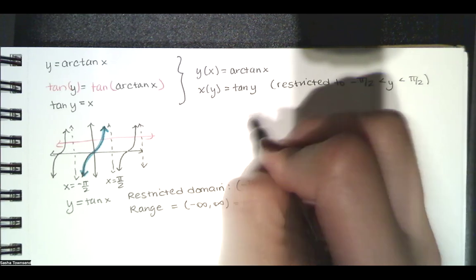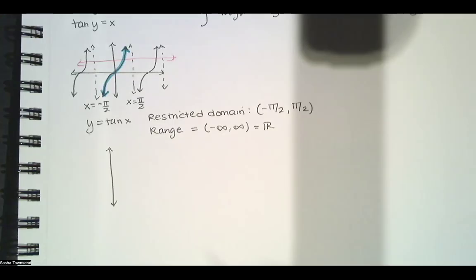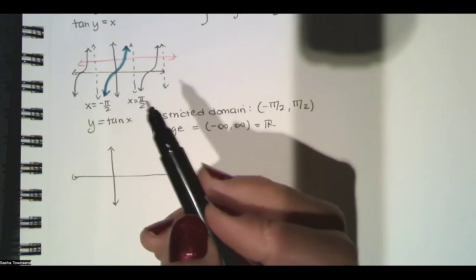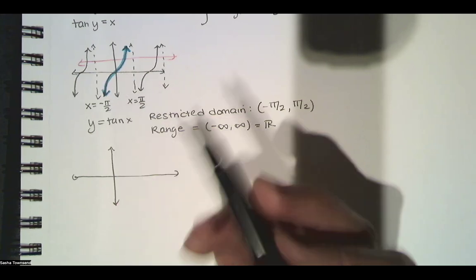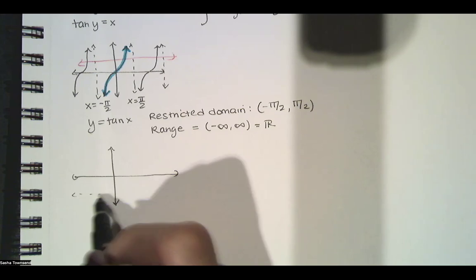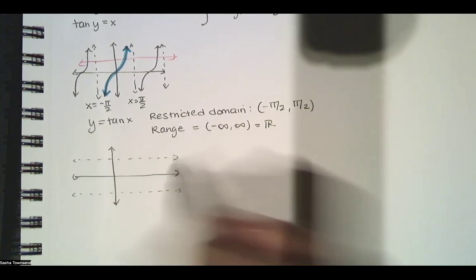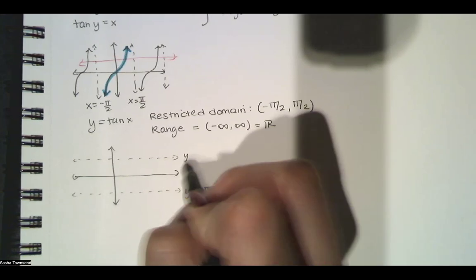Now, when we switch the roles of x and y, where this function, y equals tangent of x, has vertical asymptotes, x equals negative pi over 2 and x equals positive pi over 2, our inverse function will have horizontal asymptotes at y equals negative pi over 2 and y equals pi over 2.